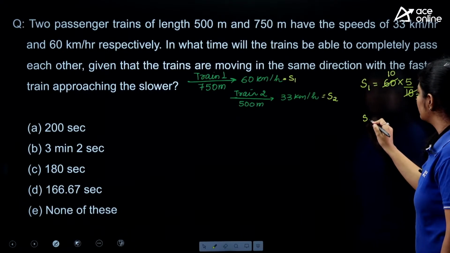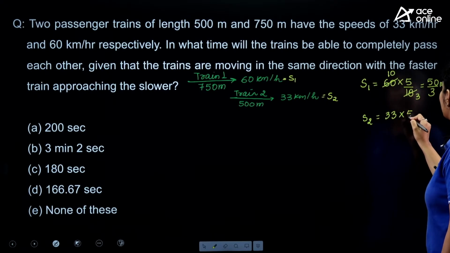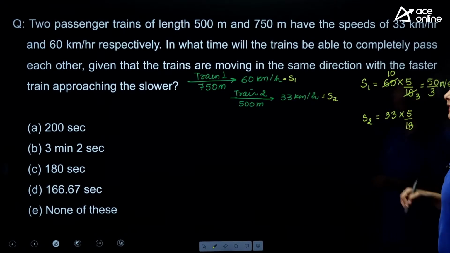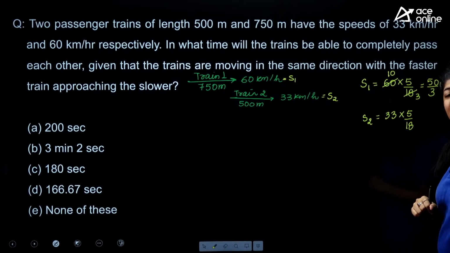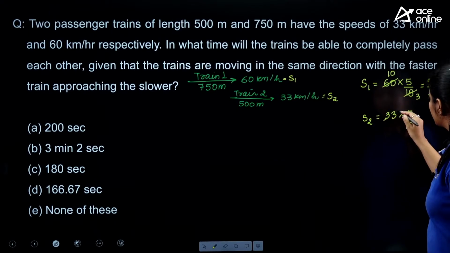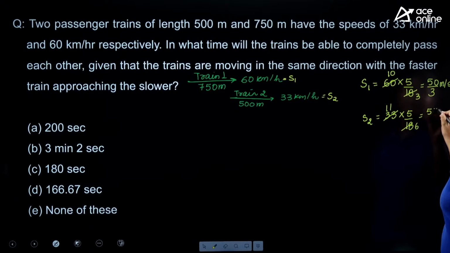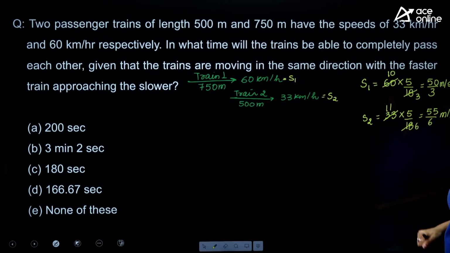And for S2 we can write 33 into 5 by 18, and this time we can eliminate it with the help of 3. So here we are getting 11 and here we are getting 6. So 55 by 6 meters per second, right?